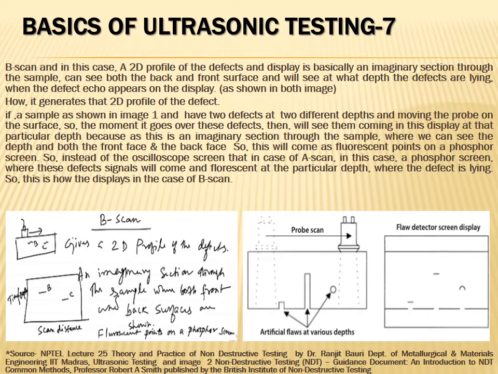Instead of the oscilloscope screen that you have in the case of A-scan, in B-scan you have a phosphor screen where the defect signal will come and fluoresce at the particular depth where the defect is lying. So this is how the display looks in the case of B-scan.